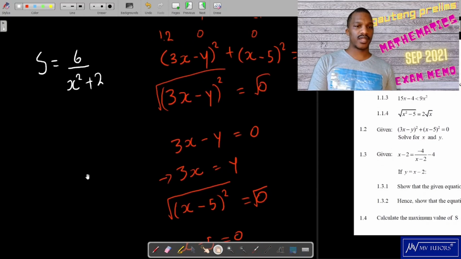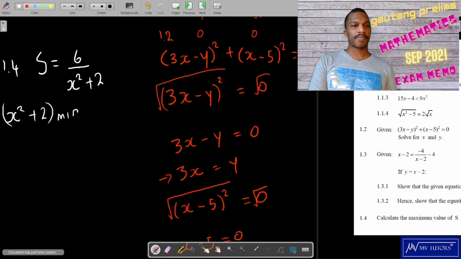Okay, I got all I need. So now you need to know something. For s to have a maximum, that means x squared plus 2 must be a minimum.